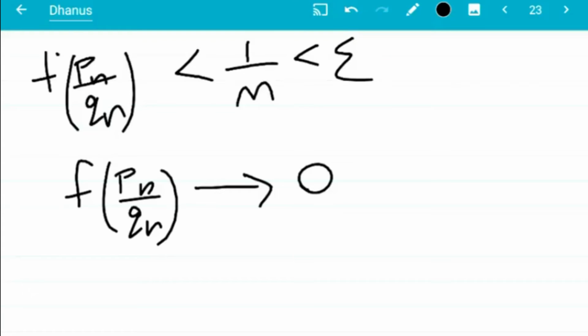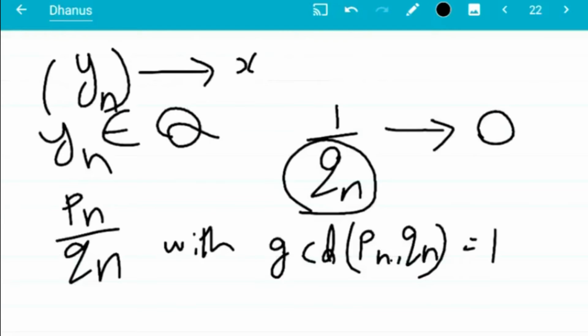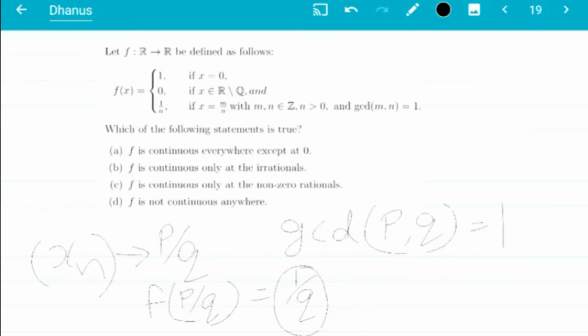This is true for every irrational number. That's why the function f of x is continuous at every irrational number. This is the option B, the true statement. All other options are false.